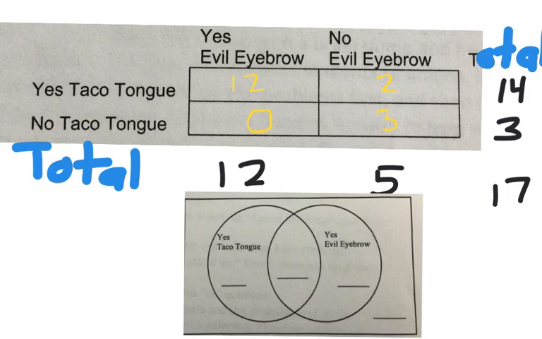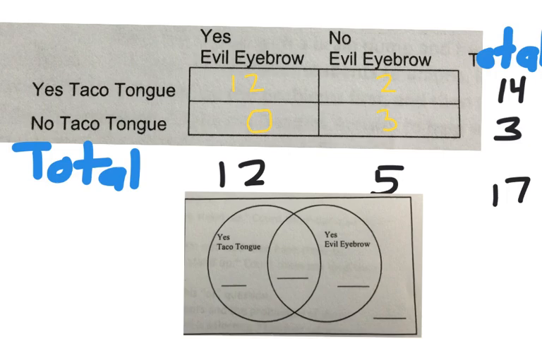I'm going to give a little bit of an overview of how a Venn diagram works if you are unfamiliar with that. So I've got 2 circles. Those represent a sample space. Everybody that's in this circle can do the taco tongue. Everyone that's in this circle can do the evil eyebrow. Now, what does this overlap represent? Those are the people that fit into both circles. These will be the people that, yes, they can do the evil eyebrow, and yes, they can do the taco tongue.